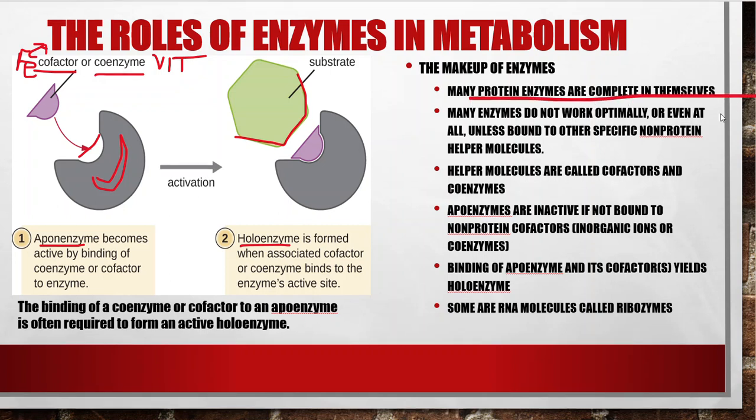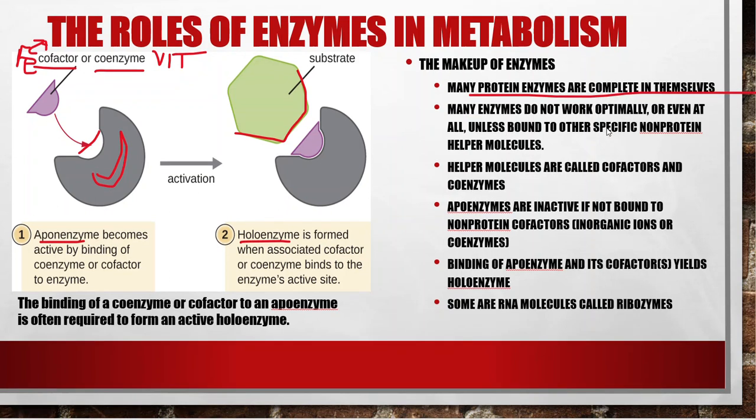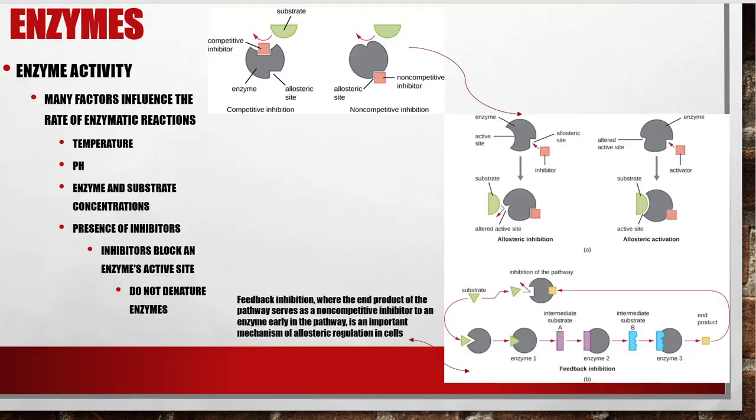We already said that. And some have to have these non-protein helpers. We talked about that. Some of these are RNA molecules called ribozymes. That's kind of interesting. Okay, enzymes more.